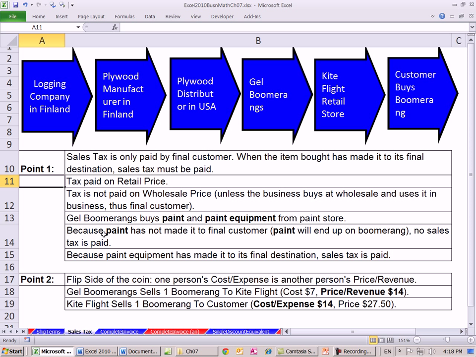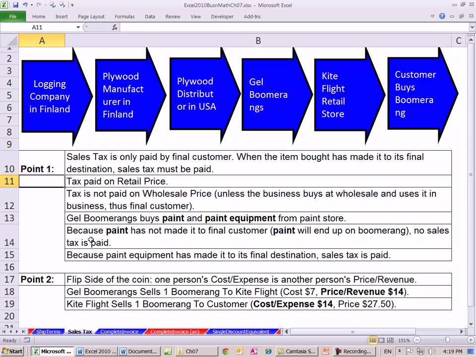Let's look. Gel Boomerangs goes to the paint store and buys paint and paint equipment from the store. Now, usually they have some paperwork filed with the paint company with all the proper numbers, so the paint company knows that Gel Boomerangs is an official business and they are allowed to buy wholesale. So what happens? They go and they buy paint and paint equipment.